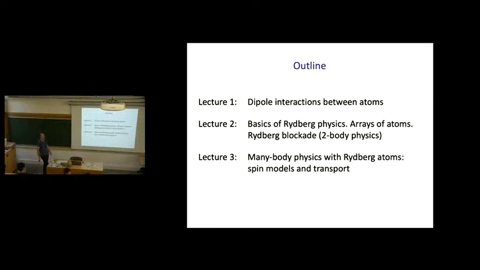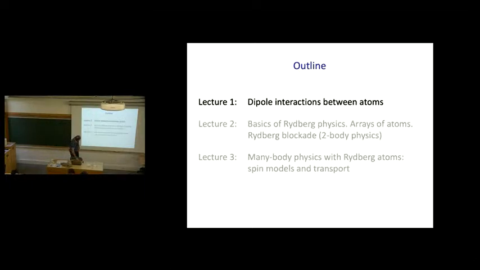And in the last lecture, we will apply this to many-body physics, 2 problems essentially, which will be the implementation of spin models and the implementation of transport in the presence of interactions between the atoms. So that's what we are going to cover over the next 2 hours and a half now. Okay? All right. So now let's go to the first lecture.